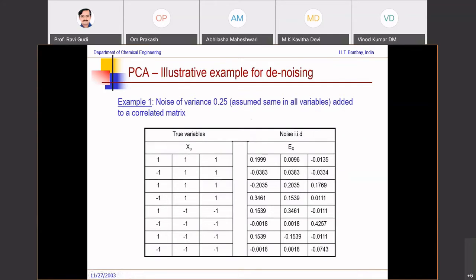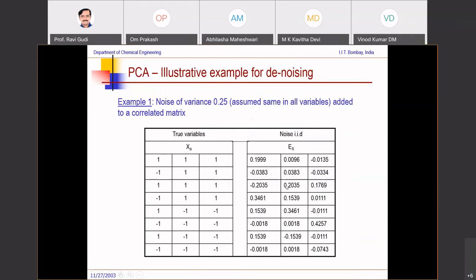Now, let's see what happens when we do eigenvalue, eigenvector decomposition of this matrix under 2 situations. One situation is when I look at only the clean X, there is no noise added. And in the second case, I assume a noise and add it to these true values. In practice, I don't know these true values, but let's assume that I know the true values and I'm adding this noise.